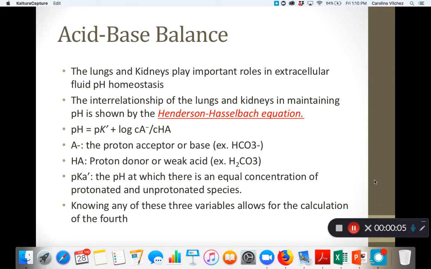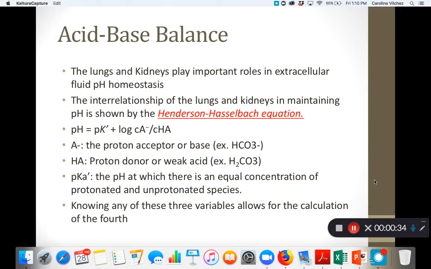In continuing with acid-base balance, the lungs and the kidneys play important roles in the extracellular fluid pH homeostasis. The interrelationship of the lungs and kidneys in maintaining the pH is shown by the Henderson-Hasselbalch equation, which is as follows: the pH equals the pKa plus the log of A minus over HA.